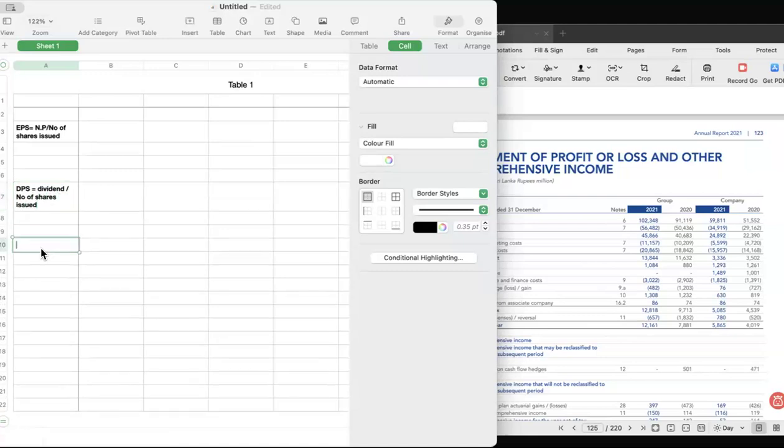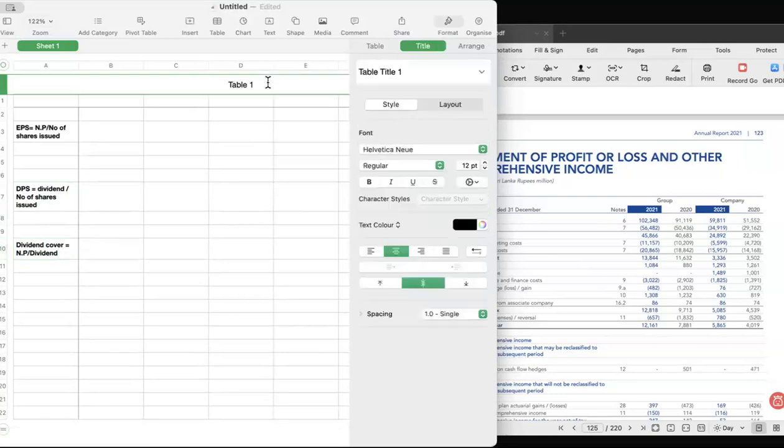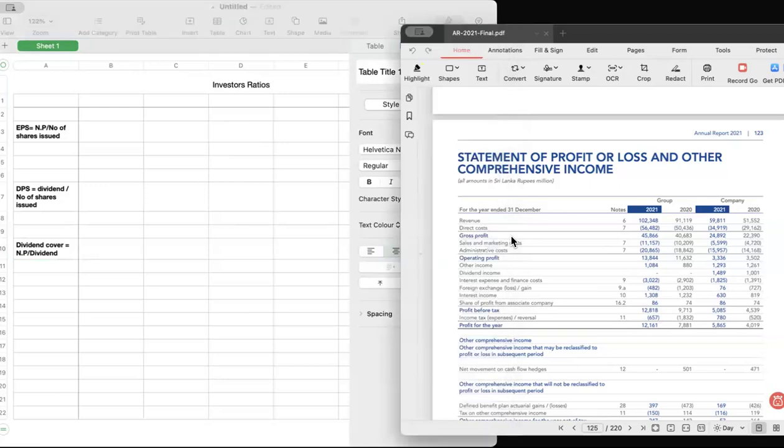And then finally, we are also going to calculate dividend cover, which is equal to net profit divided by dividend. That's it. So three simple calculations, and this is related to investor ratios.